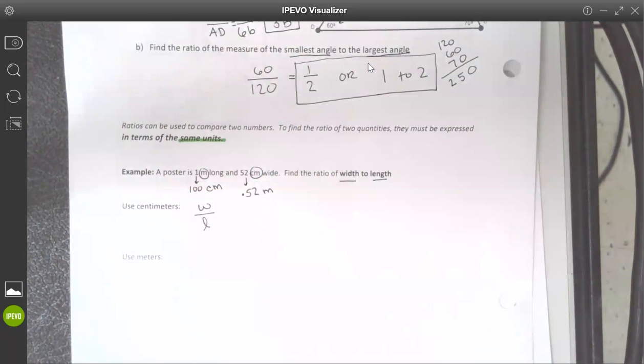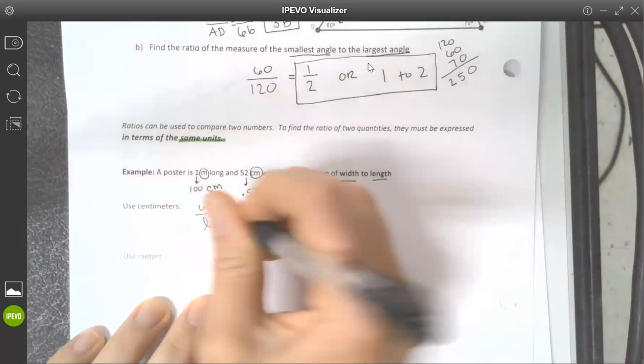So if I'm going to find the ratio, I either need to use both centimeters, width to length, or I need to use both meters. And I also want to be careful here. It's tricky because it goes length, width, but then it asks for the ratio width to length. So what should be in my numerator here? 52 over, and if I'm going with centimeters, it has to be over 100.